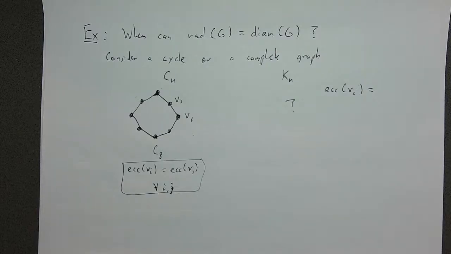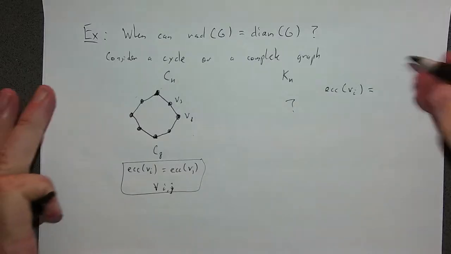Let's remember what eccentricity is. What is the largest distance from any vertex in a complete graph to any other vertex? Well, in a complete graph, any two vertices are adjacent, right? So the distance from any vertex to any other vertex is 1. It's just 1.